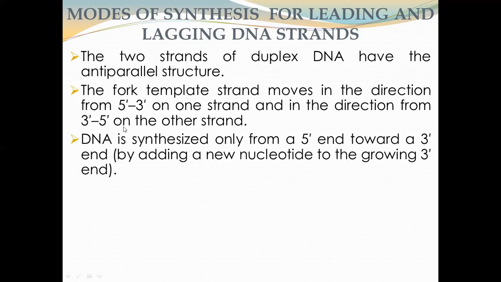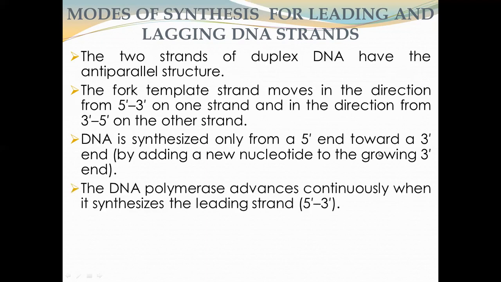But the synthesis of DNA is only from a 5 prime end towards a 3 prime end, and during this process, the DNA polymerase adds a new nucleotide to the growing 3 prime free end.